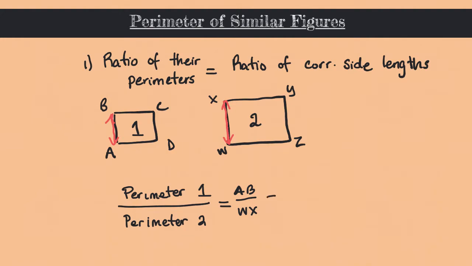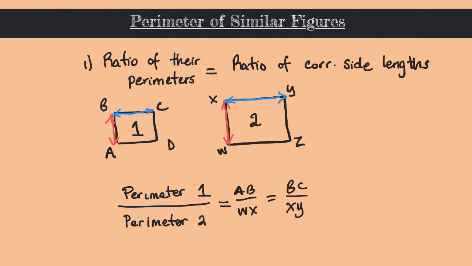Similarly, another corresponding side length between the two figures is BC and XY. And remember, whatever value we decide to give them, whether it's 2, 3, 4, 5, or 6, whatever that ratio is, it will be the same ratio of our perimeters.